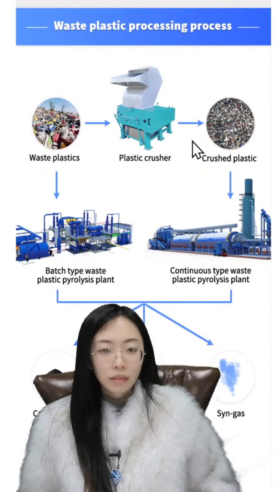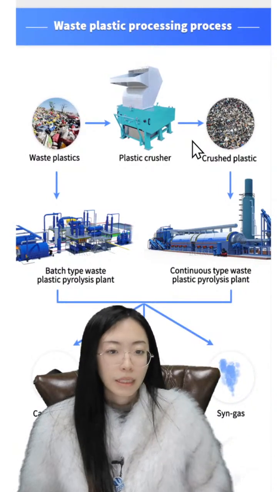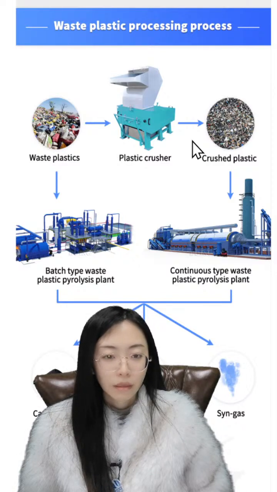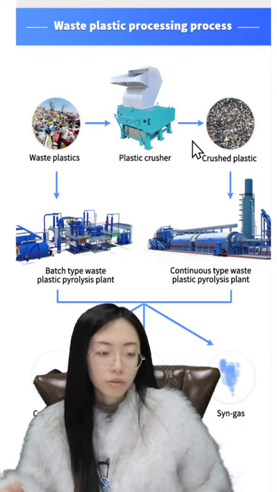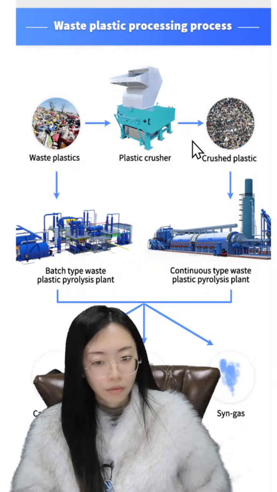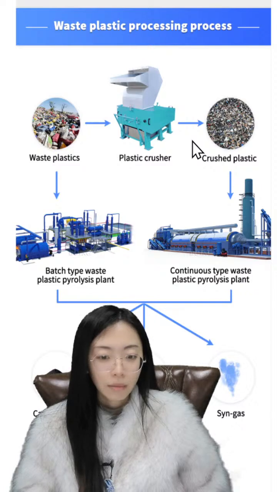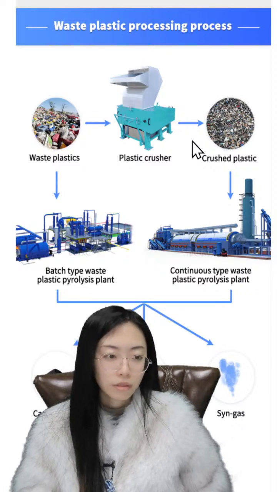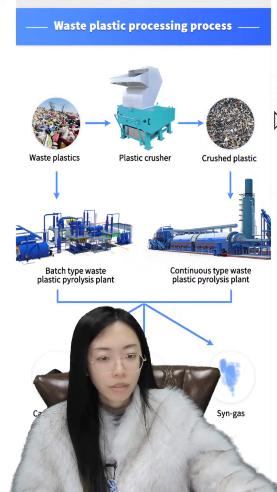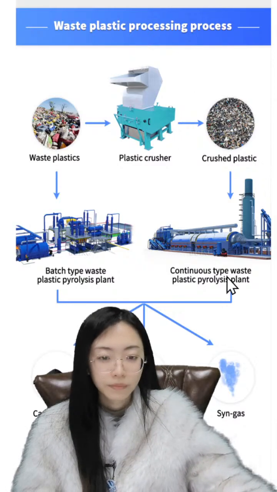And the waste plastic processing process. If you don't want to crush them, we can take the waste plastic and use the batch type pyrolysis plant. But if you prefer the continuous one, we need to use the plastic crusher to crush them into particles.